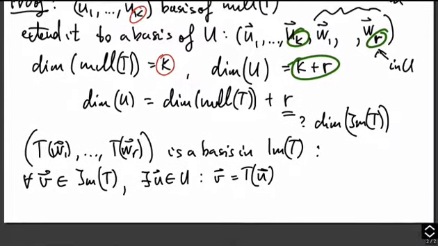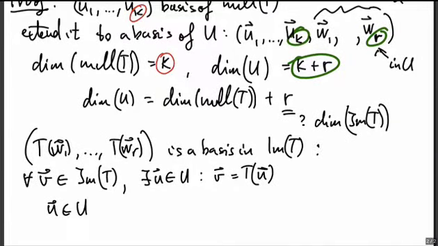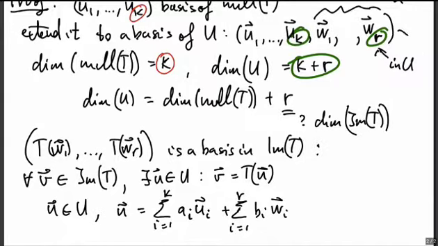Then since U is in the vector space U, where we have a basis, we can write this as a linear combination of basis vectors. So that would be, for example, using the U1 to UK, and then using the W's from 1 to R, since these are basis vectors.